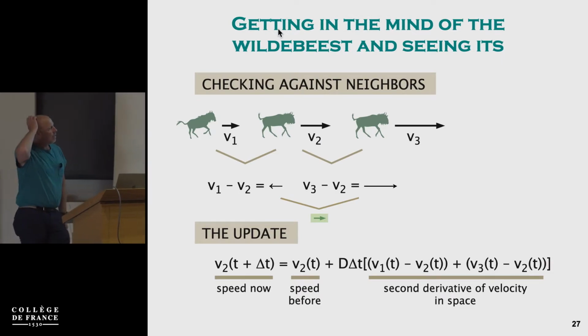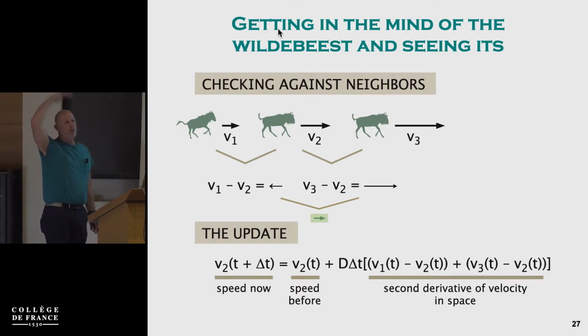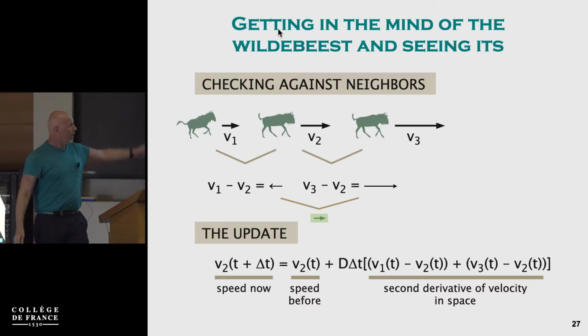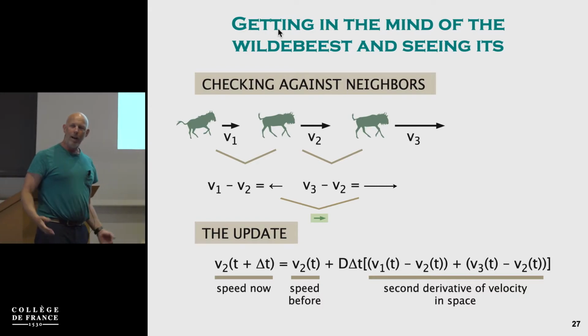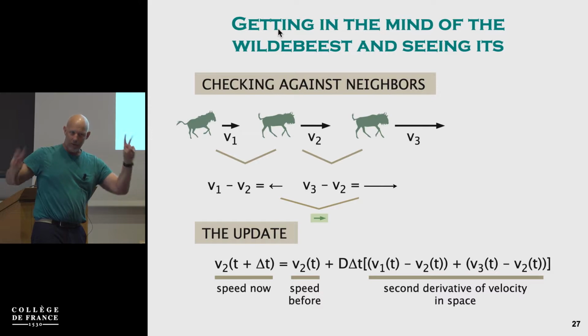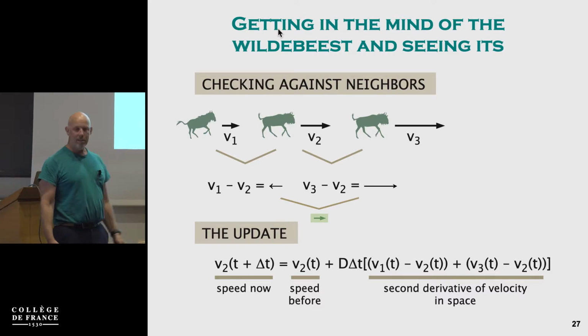So let me give you an example of how you might come up with a theory. I'm not going to tell you the whole thing, but here's the idea. I'm wildebeest number 2, and I'm running along, and the question is, how do we as a group decide to hang out? One way to do this is democratic.